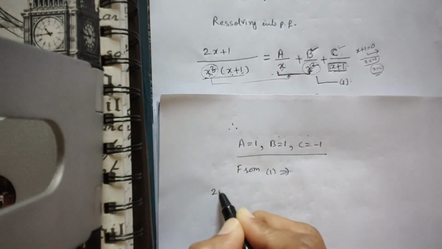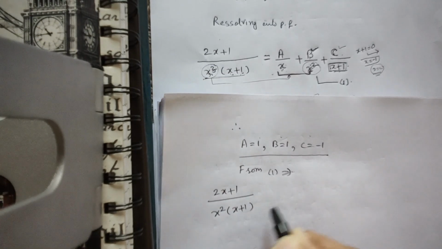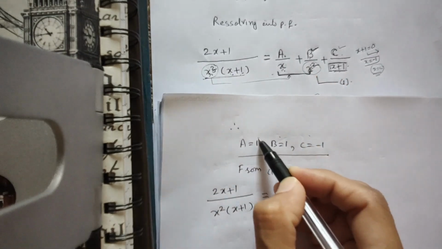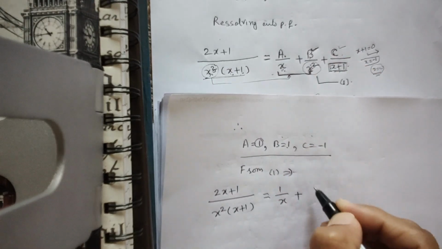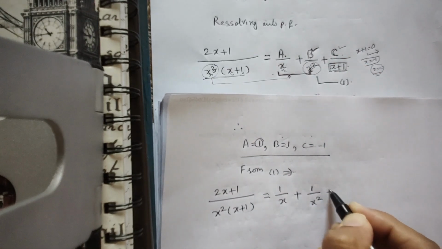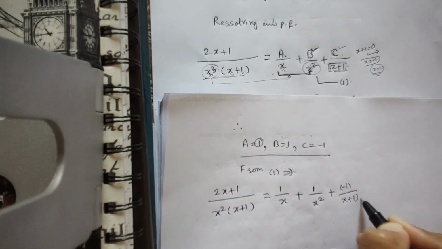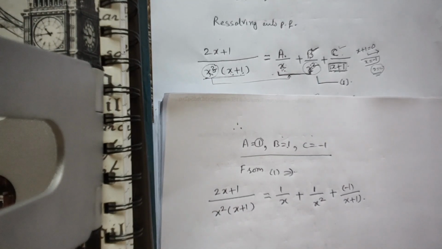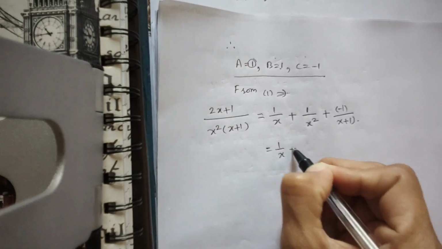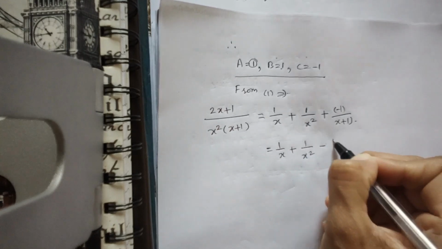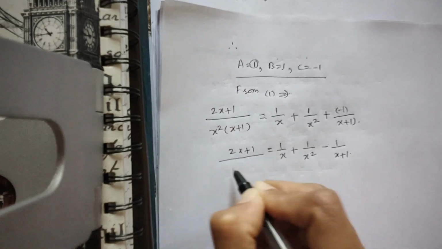What will I get? 2x plus 1 upon x square into x plus 1 equal to a upon x, and a is 1 here, so 1 upon x, plus b upon x square, so b is 1, 1 upon x square, plus c is minus 1 upon x plus 1. Just write it neatly: 1 upon x plus 1 upon x square minus 1 upon x plus 1. So this is how our partial fractions are.